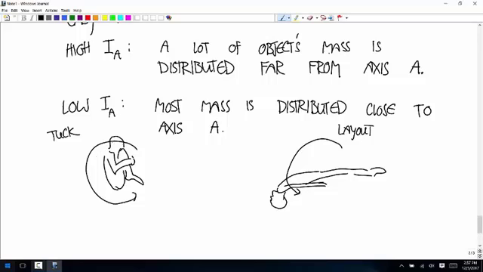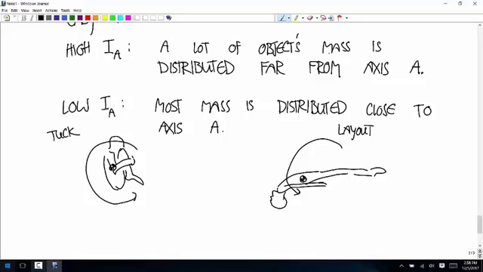And the reason for that is it's the same person, so it's the same total amount of mass. In this case, the axis of rotation is the center of mass of the person, so I'll label the center of mass here. The question is, how is that mass distributed around the axis of rotation? In this one, the person's pulling all that mass as close as possible into the center of mass, and so the mass moment of inertia around that axis is relatively small.